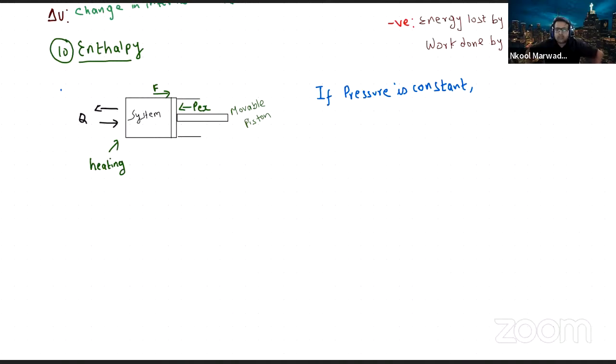So if pressure is kept constant, it means I cannot move this thing. It is fixed. The pressure is constant. So in order to do a significant work, I have to change the dimension of the system, and that is possible by changing the volume. I hope you are able to get the idea of what I am trying to explain.